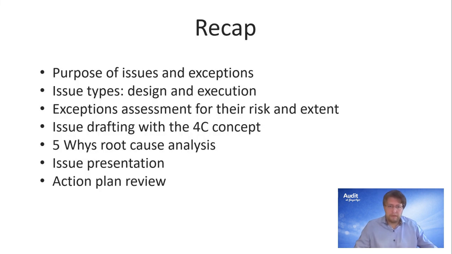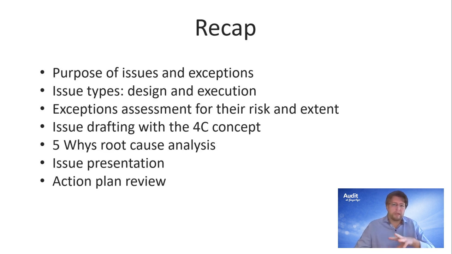That's all for today. We fully covered the topic of issues and exceptions, reviewing their roles, their types, design and execution. We reviewed the exceptions assessment for the associated risk and extent. Also, we reviewed the issue drafting concept of 4 C's: cause, consequence, concern, and the context.